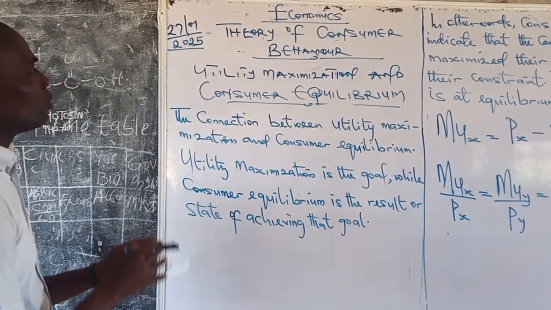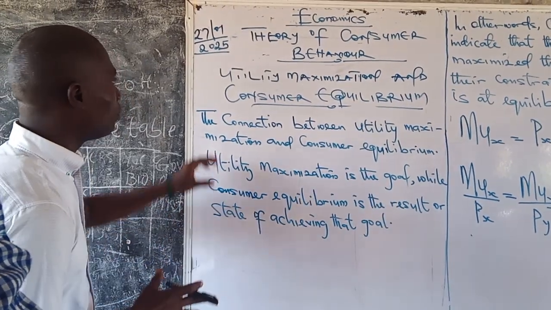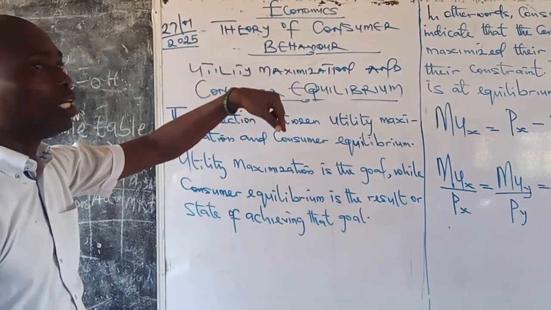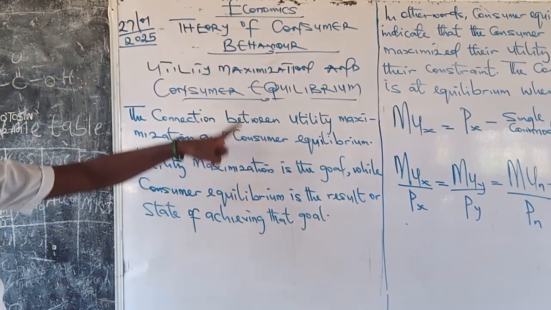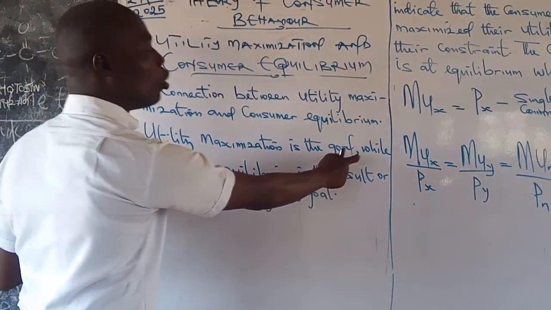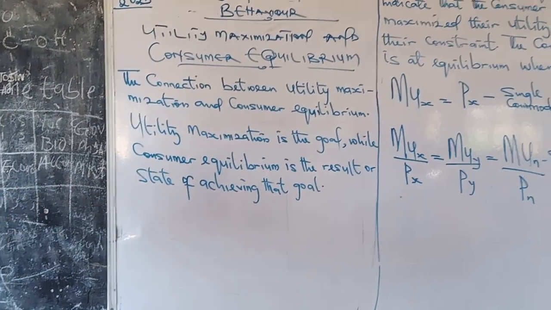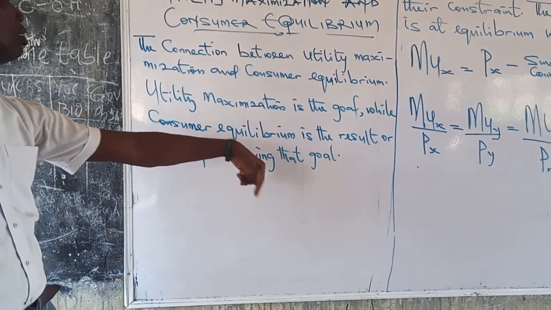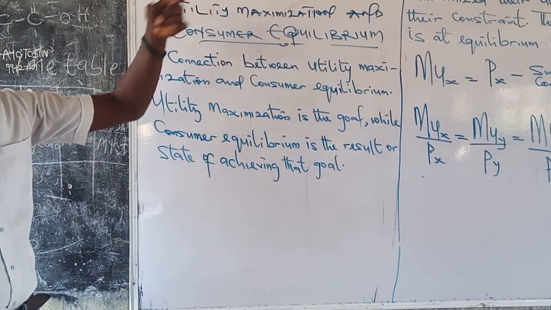So we want to see what is the link or the connection between utility maximization and consumer equilibrium. Utility maximization is the goal. So the goal of every consumer is to maximize utility, while consumer equilibrium is the result or state of achieving that goal.